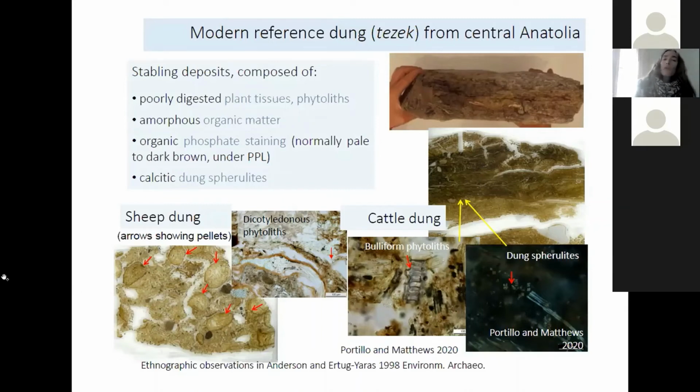This dung cake was manufactured by molding, in molds like the ones that are used for mud bricks, but for manufacturing the dung cakes. And you can see still the phytoliths in anatomical connection and the parts which are fragile in macro remains preservation, particularly the epidermal tissues. So we can find the phytoliths from the leaves well articulated in situ.